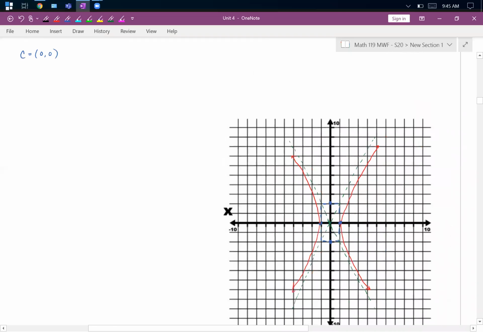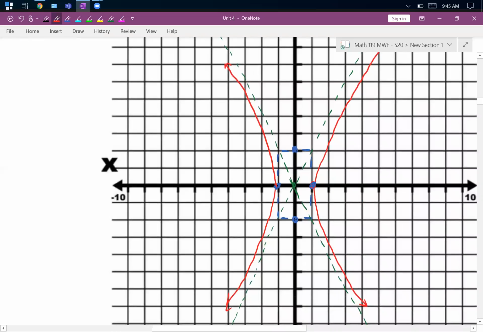So we want to identify the vertices. The vertices are basically just wherever your branches hit your rectangle. So that's going to be -1, 0, and 1, 0.